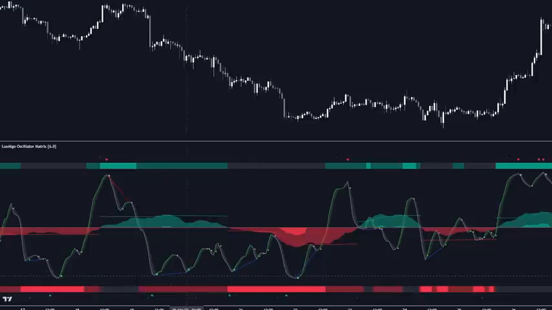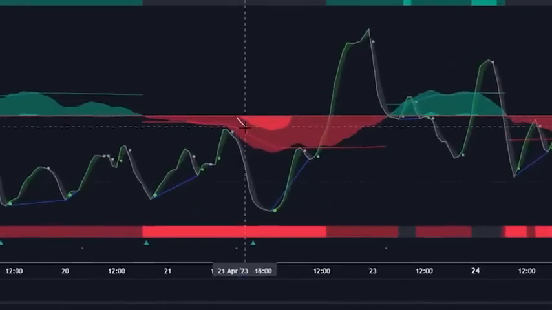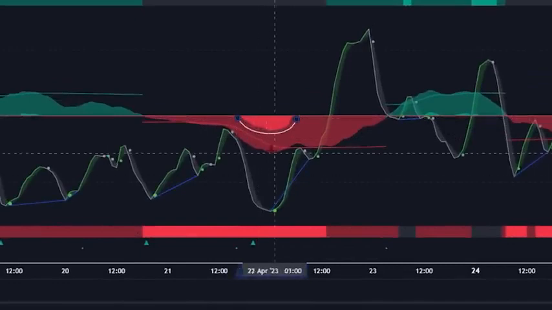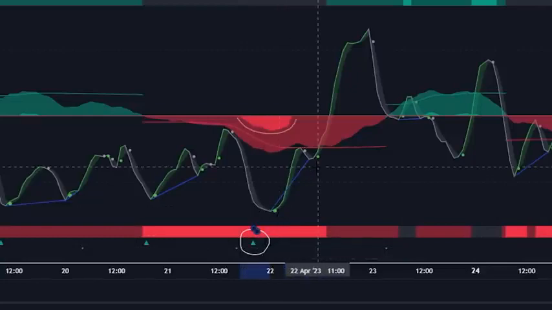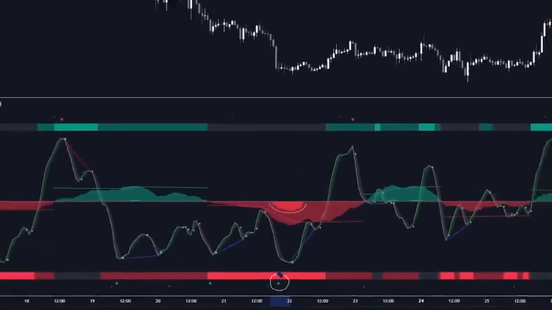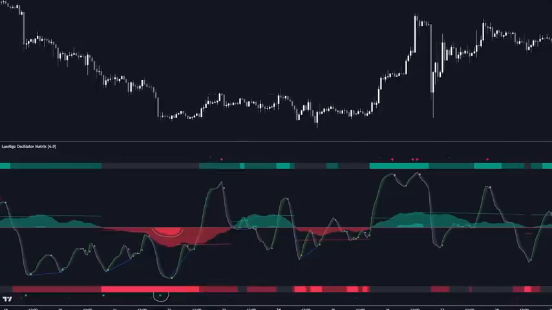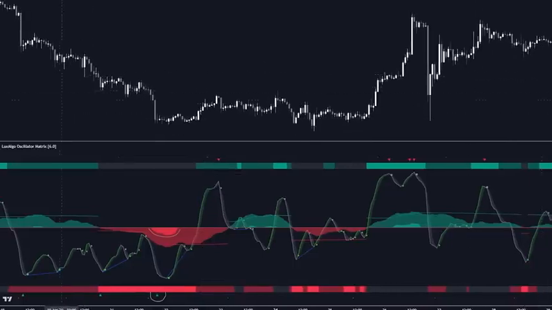So you may see some counter signals while this is occurring, but as long as you can look for the higher probability reversal signals like this overflow here, as well as in combination with a large reversal signal on the bottom of the oscillator and this bullish divergence, that's when you can get confident in seeing a larger reversal after a significant trend like this.